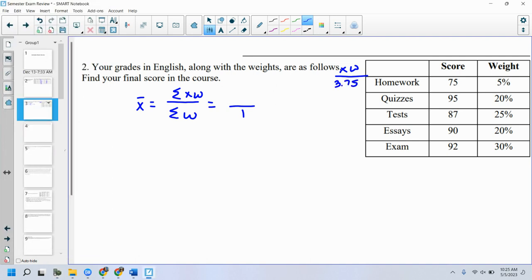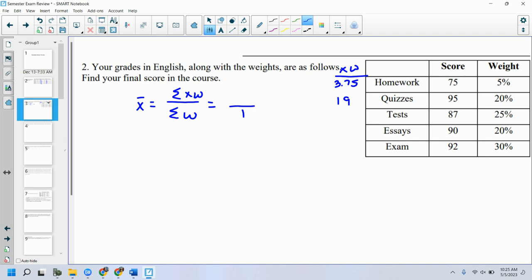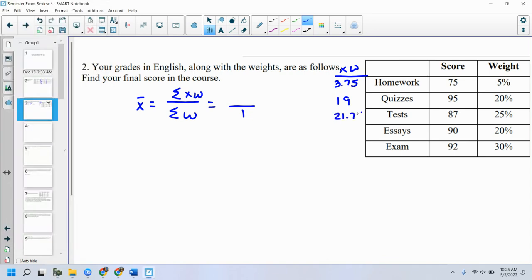0.2 times 95. 20% is 19. 0.25 times 87 is 21.75. 0.2 times 90, that's 18.